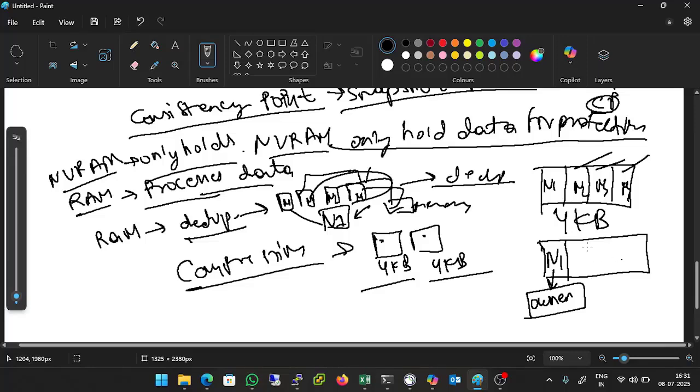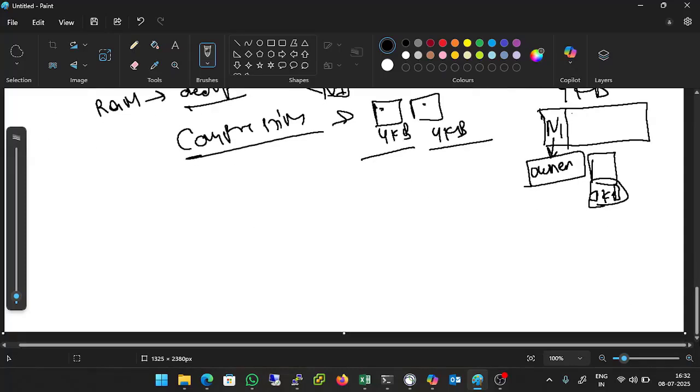Compression compresses the data and makes it only a 1 KB block inside the memory. So now my data looks like this: a 4 KB block, and inside that only 1 KB. All the rest of the data is compressed.